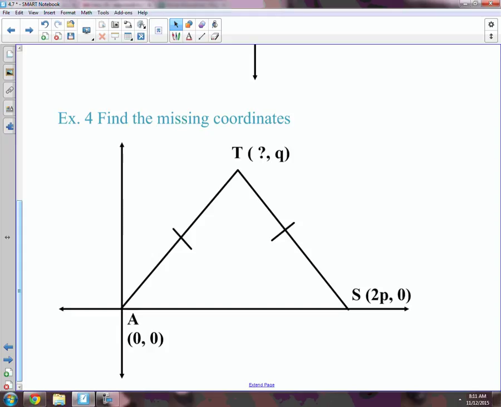What kind of triangle is this? What would we call this type? Isosceles, good. We've got two congruent sides. We've got a couple variables given to us in our coordinates. We've got a P in the mix and a Q in the mix. Up there, we would say that the base has to be AS, because that's the side that's not congruent.